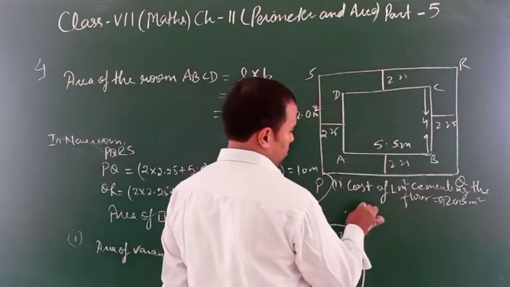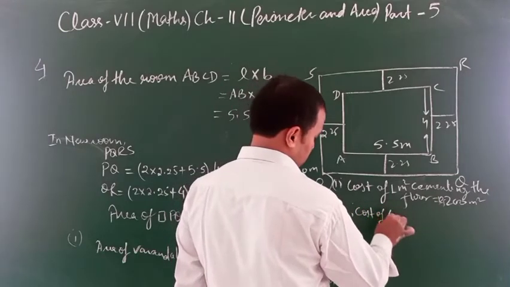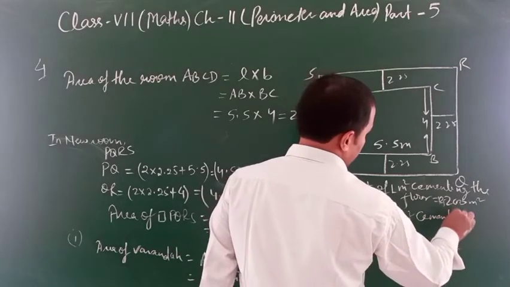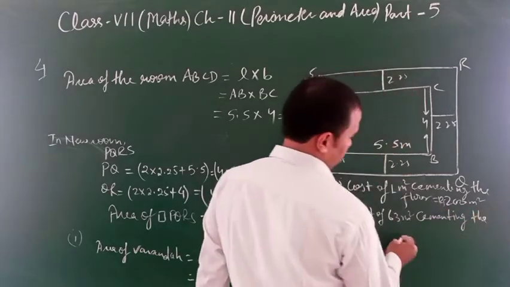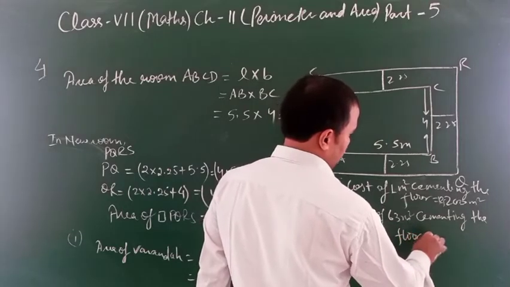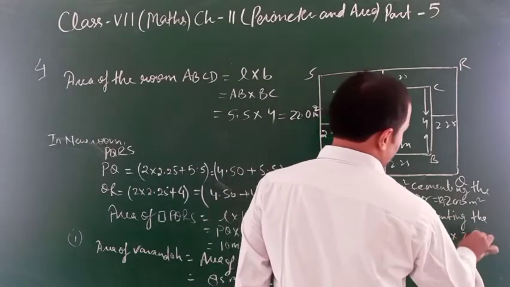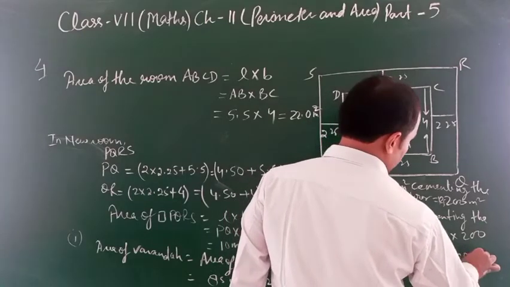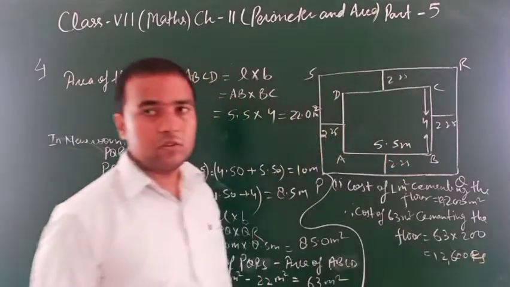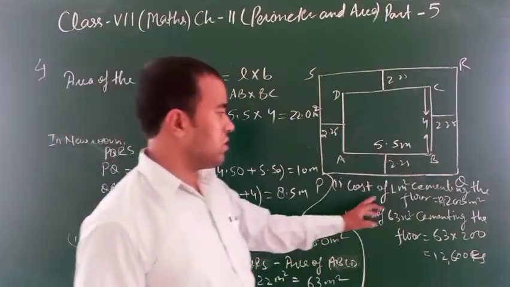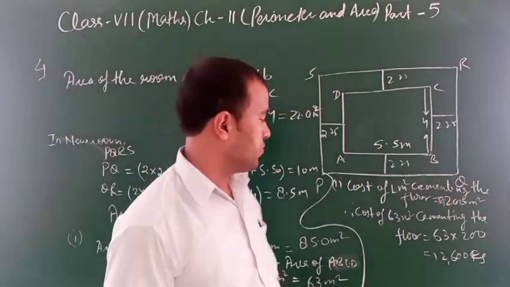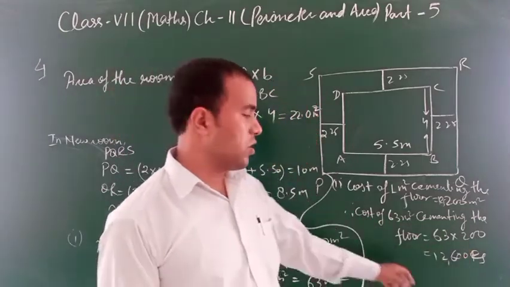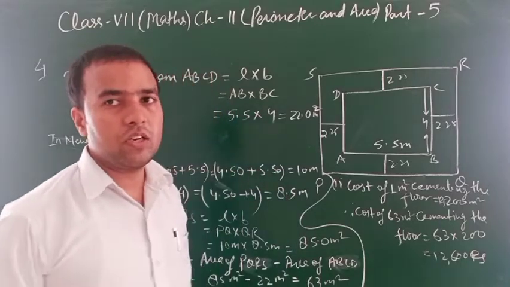So therefore, the cost of 63 meter square cementing the floor is 63 into 200, which is 12,600 rupees. Okay, the cost of 1 meter cementing the floor is 200 rupees, so the cost of 63 meter cementing the floor is 63 into 200, equal to 12,600 rupees. Okay, note down this.